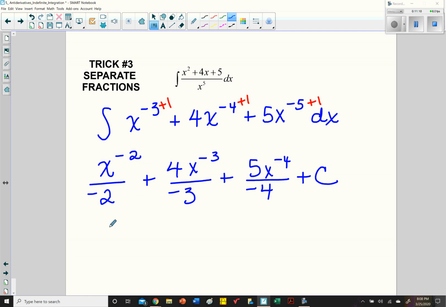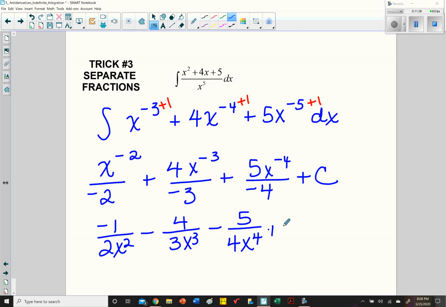In this case, we have negative 1 over 2x squared minus 4 thirds x cubed minus 5 over 4x to the fourth plus a constant. So I've just moved all of those negative exponents down in the denominator to force them to be positive in this case.